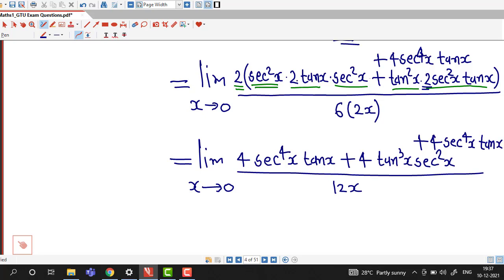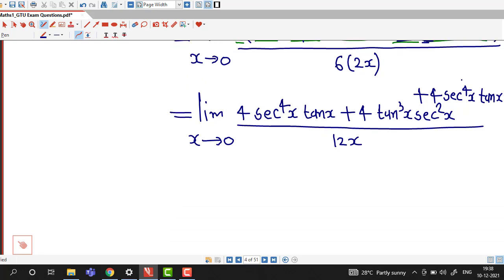So let me check again. 2 into 2, 4, sec square x into sec square x, sec raised to 4x into tan x, plus this 2 is multiplied with this 2, 4 times tan square x into tan x, tan raised to 3 into sec square x, plus 4 times sec raised to 4x into tan x.